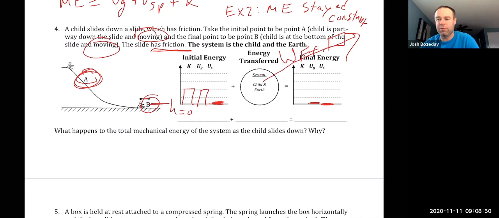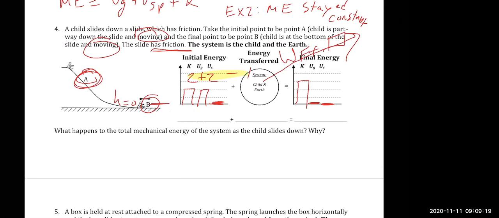He's moving at the bottom of the slide. And so that means that we see 2 units of energy here and 2 units of energy here, but then 1 unit of energy gets subtracted off. So we've got 3 total units of energy. So the kinetic must have 3 total units of energy. Any questions on that?